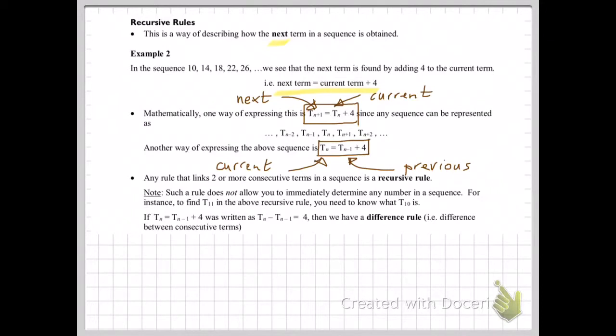Now, a very important skill for us is to learn how to rewrite a sequence by manipulating the index numbers. So if we start with tn plus 1 equals tn plus 4, how do we rewrite that to give us an expression for tn? Well, what we need to do is subtract 1 from the index number of every term.